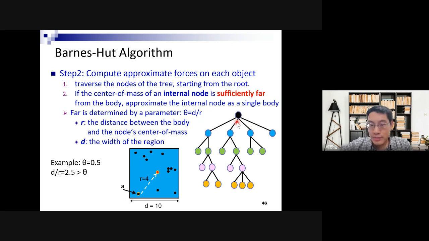Of course, that's impossible, because even A itself is within this cluster. Usually it will not satisfy the theta condition; the value d will probably even be larger than r, so it doesn't satisfy our condition.